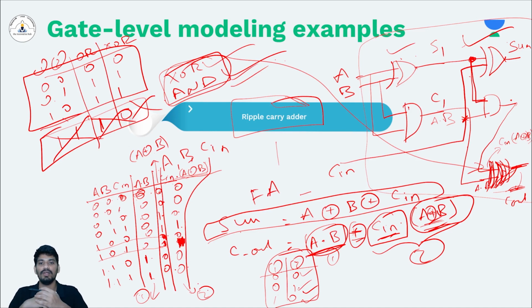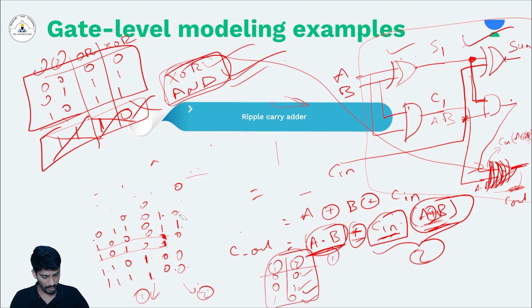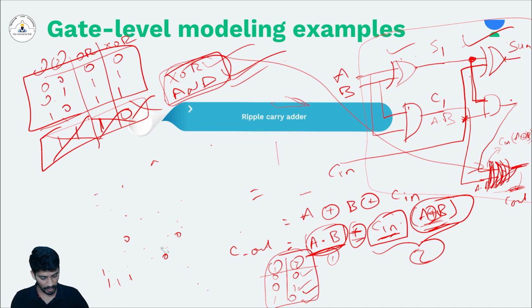Once the full adder is defined, we can define the complete ripple carry adder, a 4-bit ripple carry adder, like this. For a 4-bit ripple carry adder, how many full adders will you require? You will require 4 full adders.